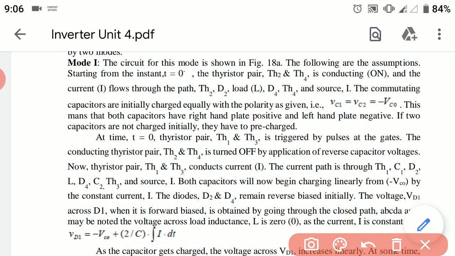The current through the circuit will flow through the thyristor TH1, C1, through the diode D2, load, through the diode D4 and C2, and through the thyristor TH3. Here the diodes D2 and D4, which were earlier reverse biased, will get forward biased and start conducting, and D1 and D3 will be reverse biased.